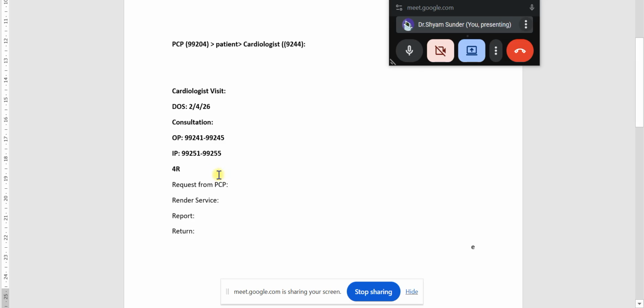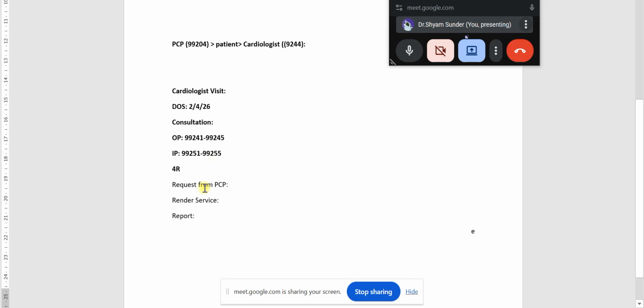As per my understanding, sir, the billing depends on these, right? The range of billing for the consultation depends on the scenario. Let me clarify your question. Imagine this patient is not going back to the PCP.